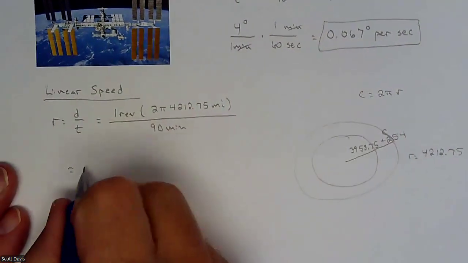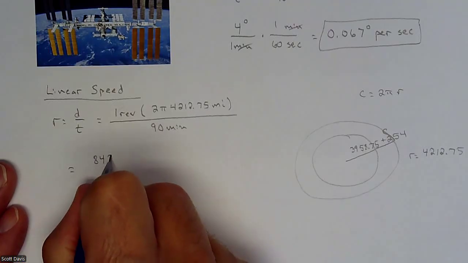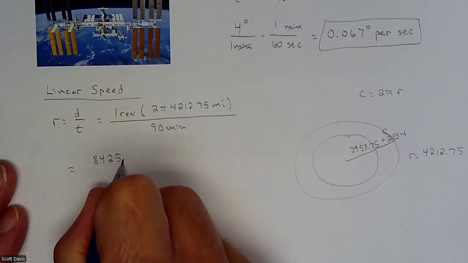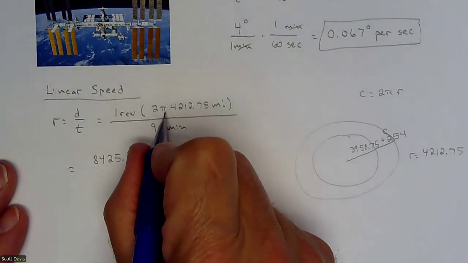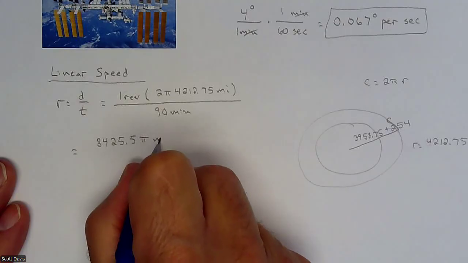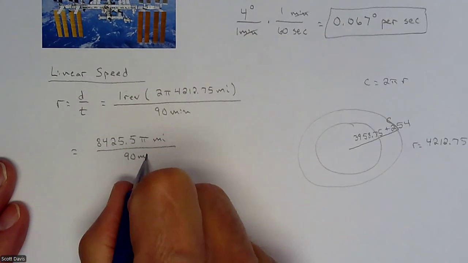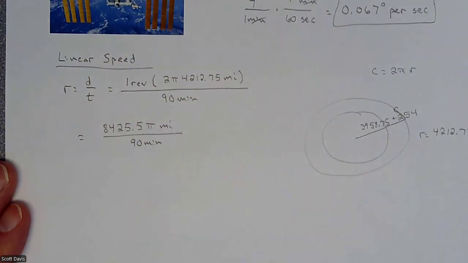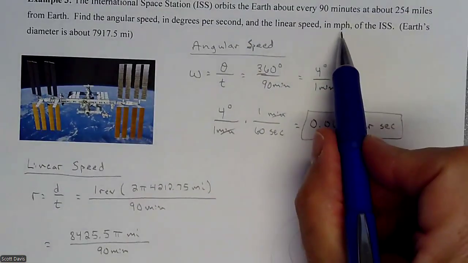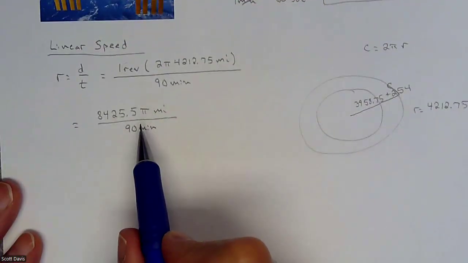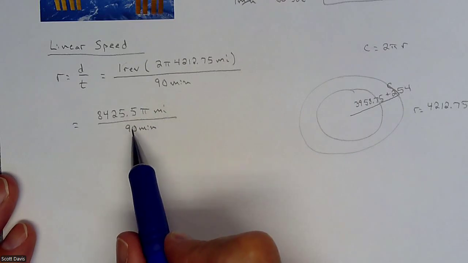So we have our rate at 8425.5 pi, because we haven't multiplied that in anything yet, miles in 90 minutes. Okay, so that's great. Doesn't give me a very clear indication of what's going on, and we want miles per hour, not miles per minute. Well, right now we don't even have miles per minute. We have miles in 90 minutes.